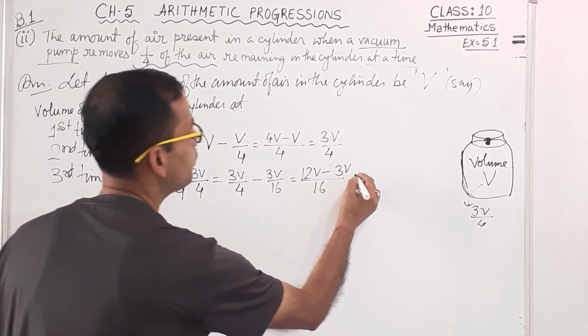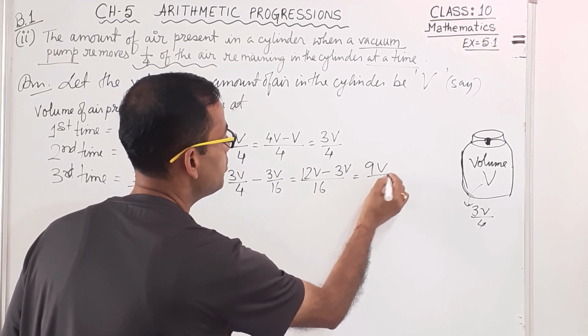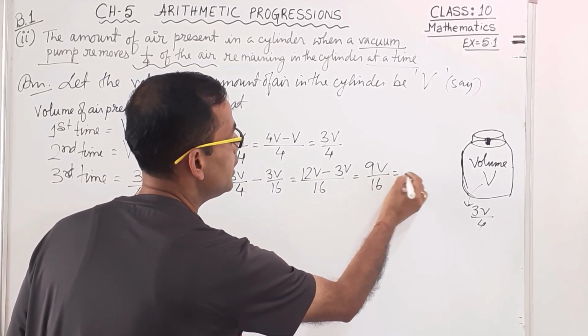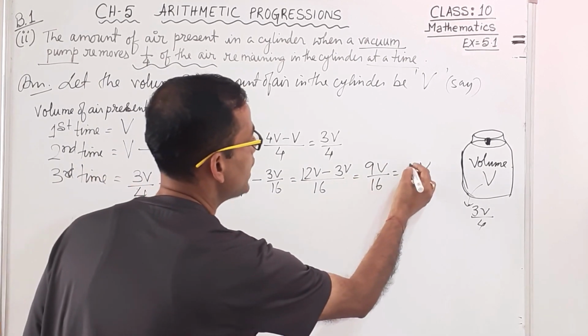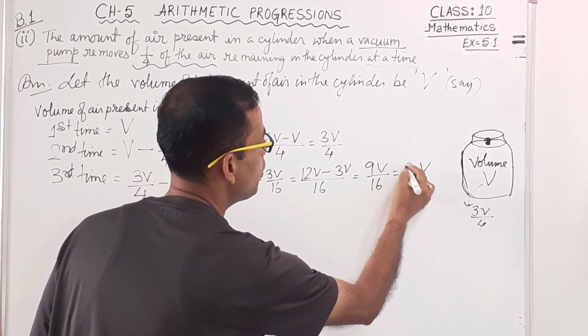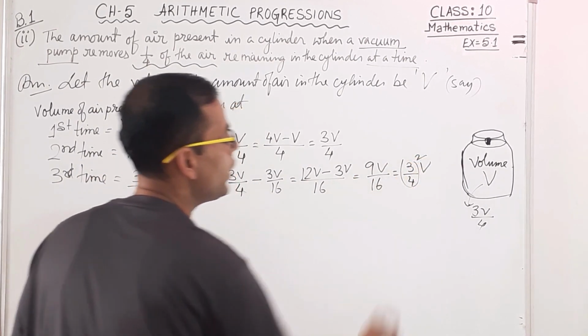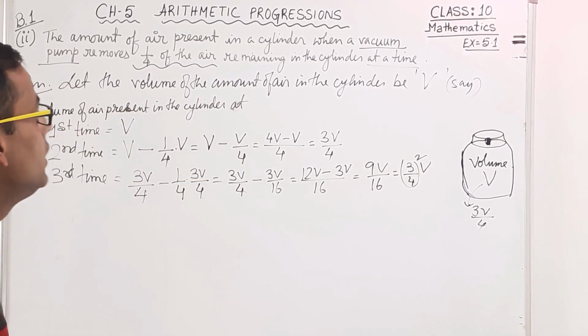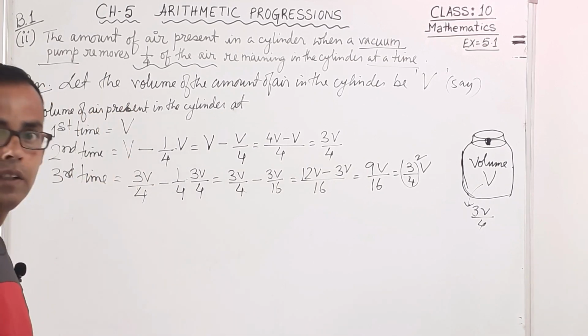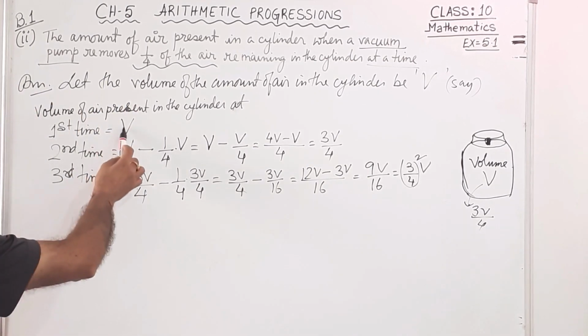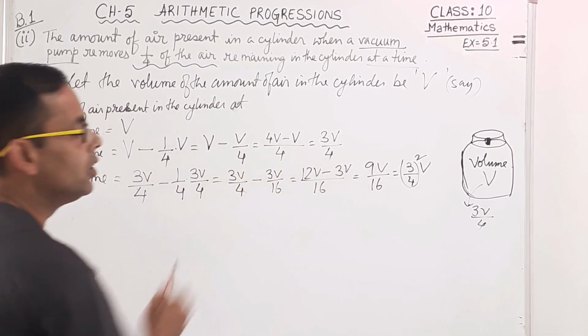And what will it come? The 9V by 16. Now if I keep the V separate, then 9 by 16 I can write 3 by 4 square. Now if you see nicely, this is the first one, this is the second one, this is the third one.